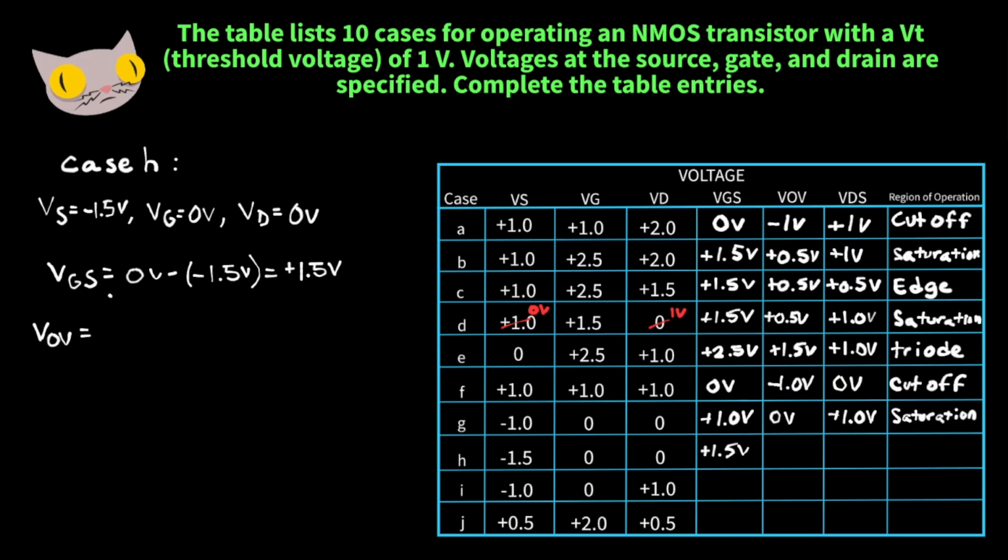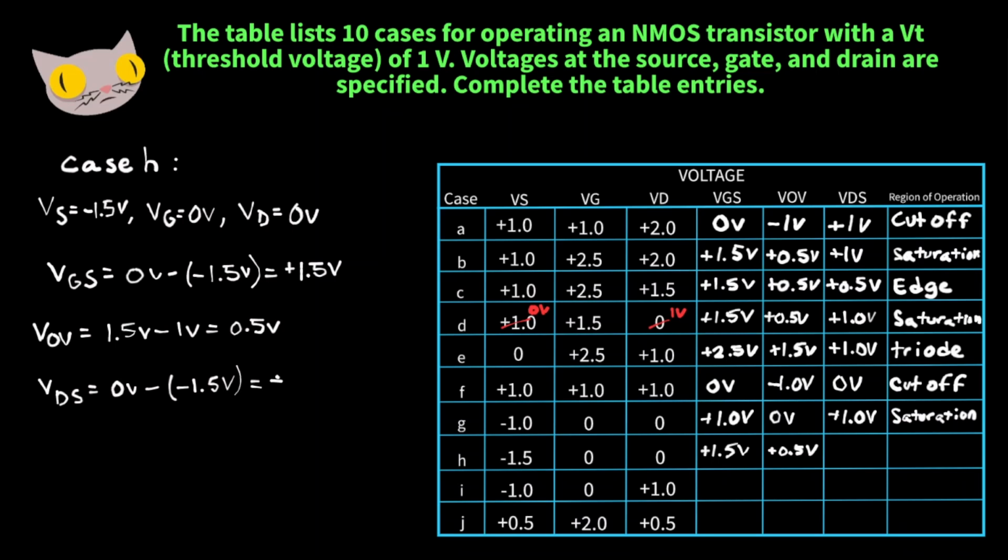Overdrive voltage, that's going to be VGS, 1.5, minus the threshold voltage, 1, giving us 0.5 volts.